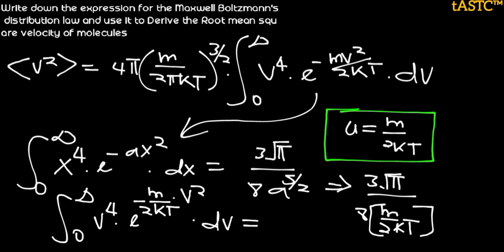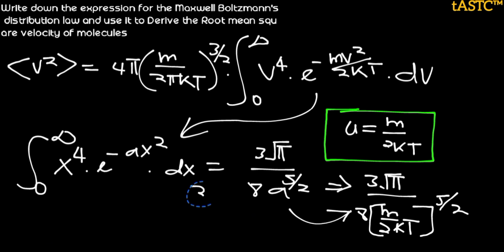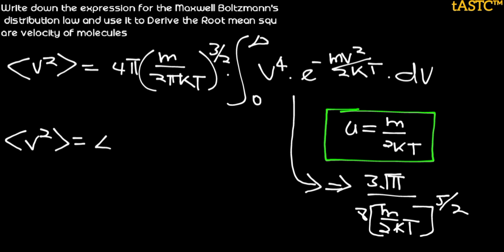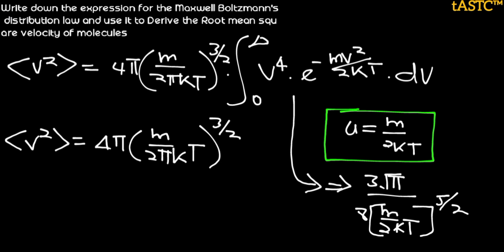So this stuff is actually equal to this. So we're going to have the whole thing look like this: 4 pi multiplied by m, divided by 2 pi kT, raised to the power of 3 halves.